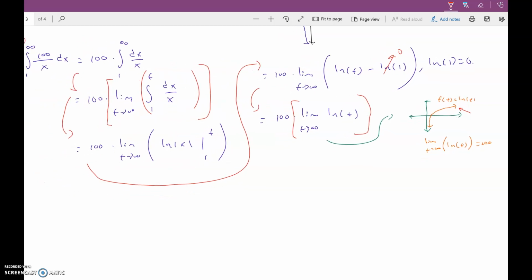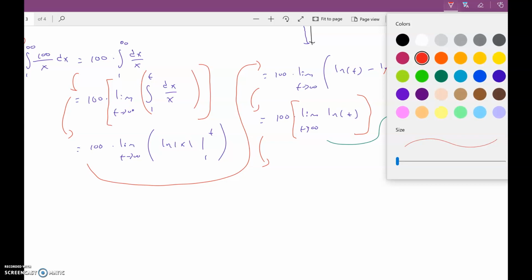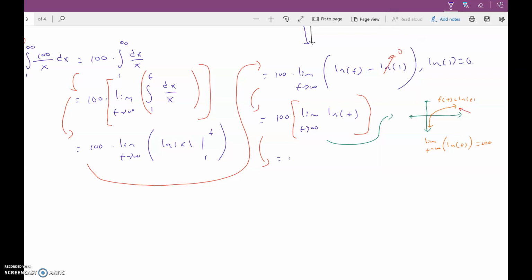So in this case, because we're not actually finding a finite limit, we would simply say that this answer is infinite and the integral does not converge. So this is 100 times infinity.